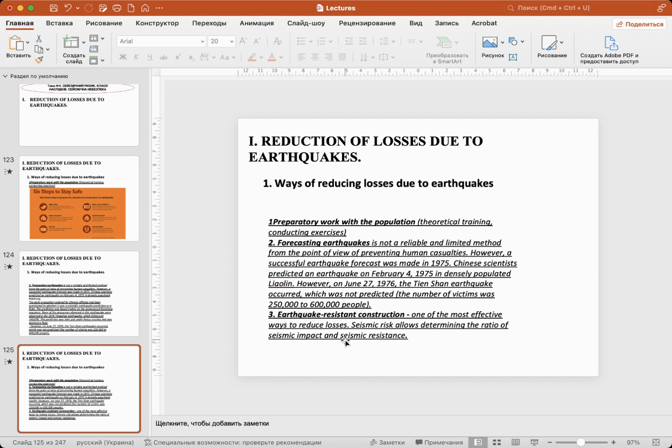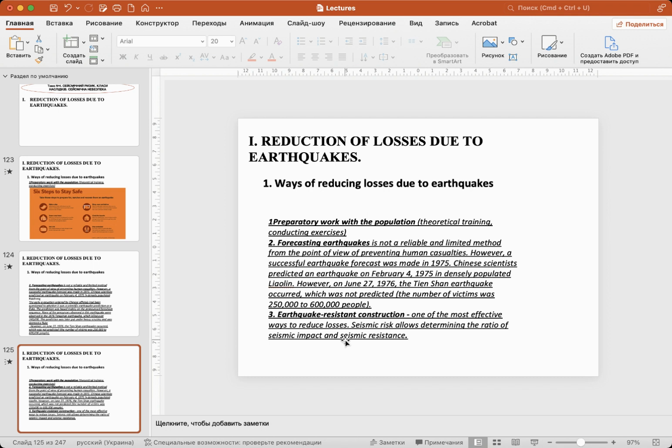So that leads to certain losses of people, because our people are not ready for the war effects. So if our people are not ready for the war effects, it is absolutely understandable that our people are not ready for the earthquake effects.